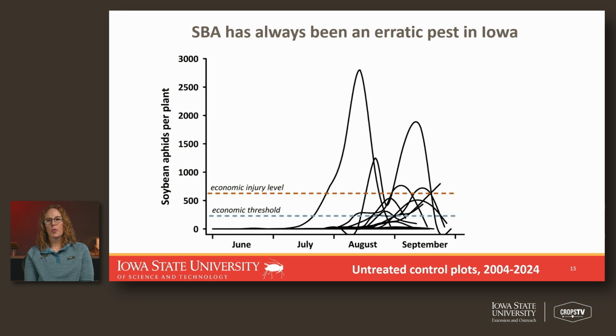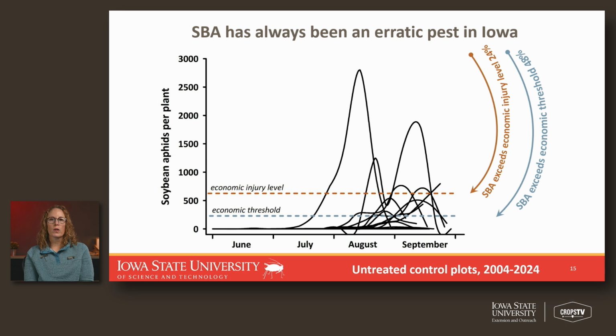And you can see over a period of 20 years, about half the time my untreated plots will exceed that economic threshold of 250. But only 1 in 4, or about 24% of the time, would they have that optimal growth and exceed the economic injury level. And so this is, again, a sometimes pest.